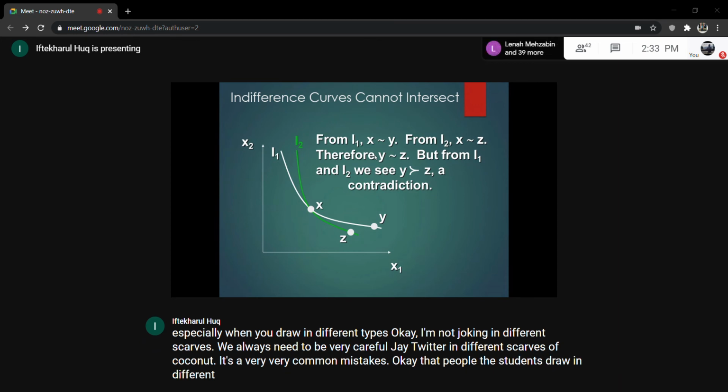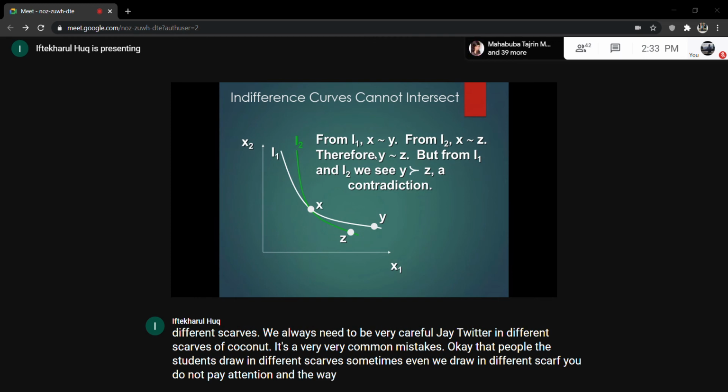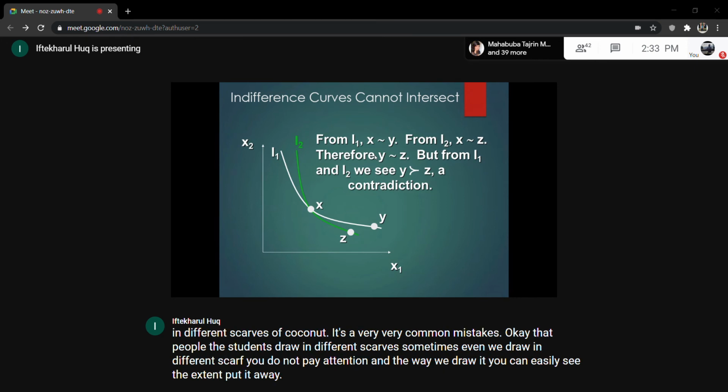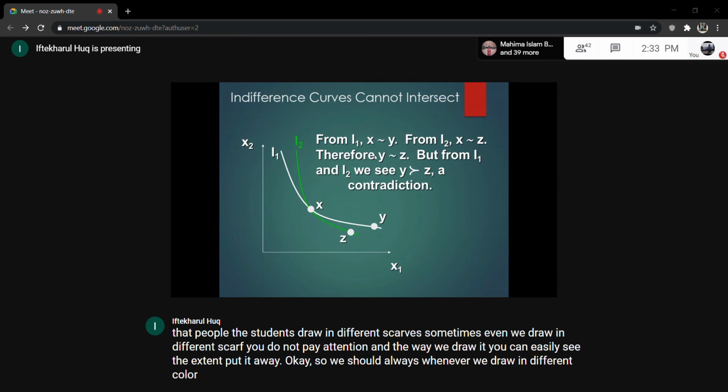Sometimes even we draw indifference curves without paying attention, and the way we draw them, you can easily see that if I extend them a little, one will intersect the other. So whenever we draw indifference curves, we should be very careful.